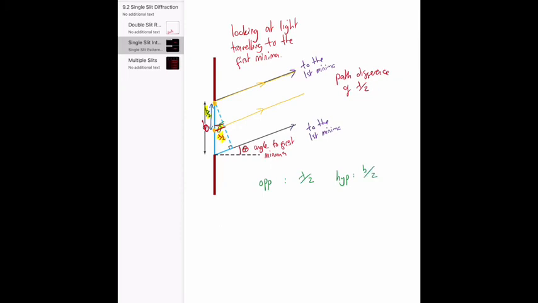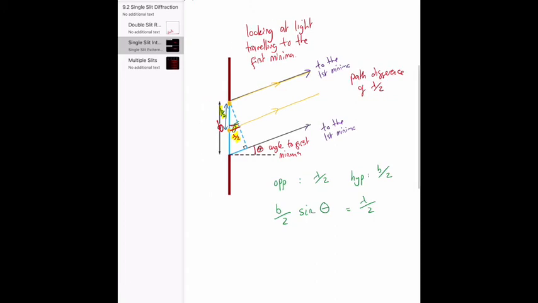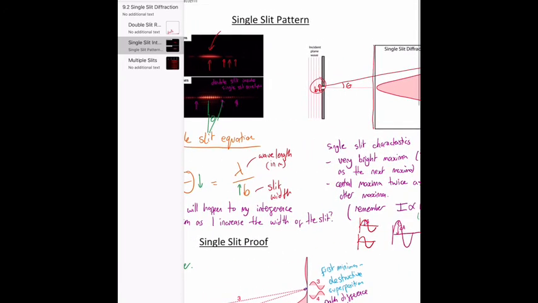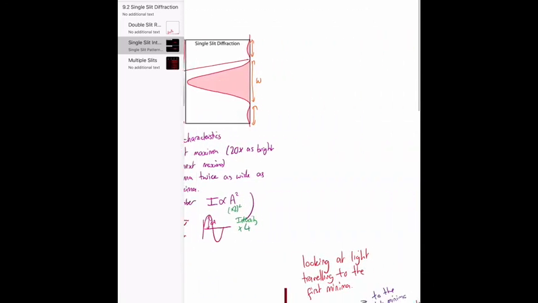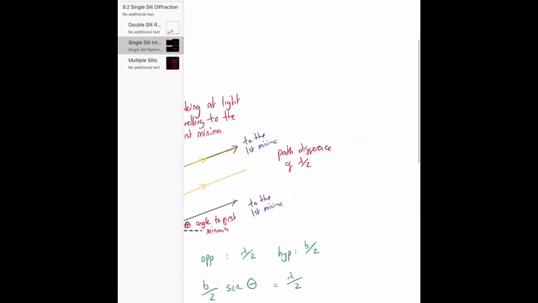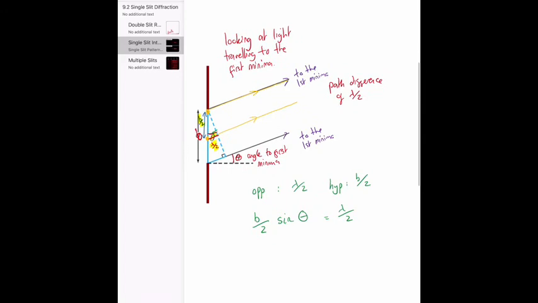So using SOHCAHTOA, I'm going to end up with b over 2 sine theta equals lambda over 2. We're going to try and change that equation to the single slit equation I showed you already. Okay, so we've got a factor of a half on both sides, so they will cancel out. So we end up with b sine theta equals lambda.